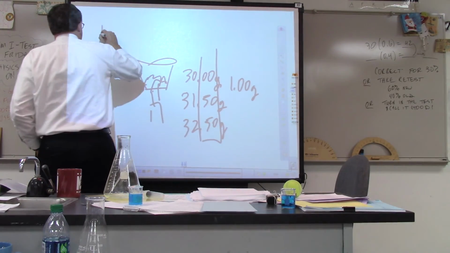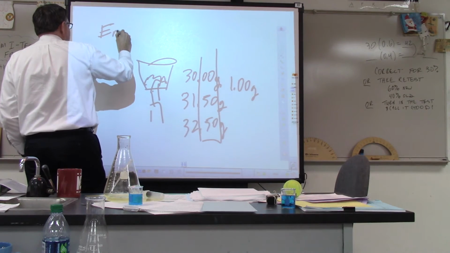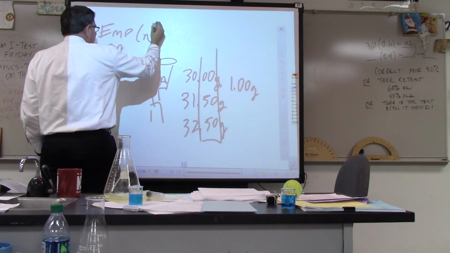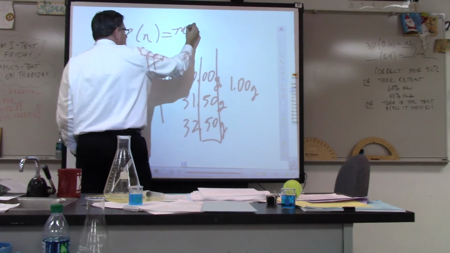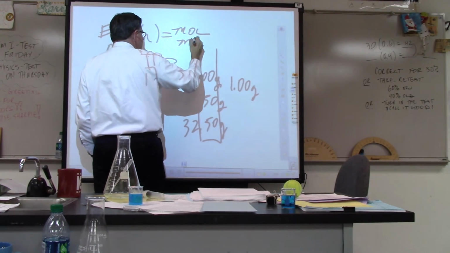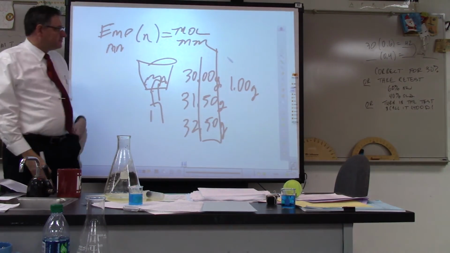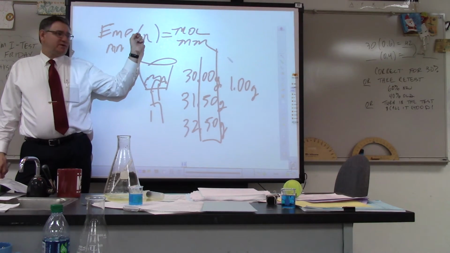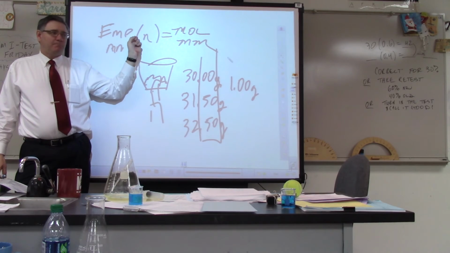And remember, your empirical molar mass times some value of N is going to equal your molecular molar mass. And this N will always be a whole number. If you find this N and you get like 2.5, bad.